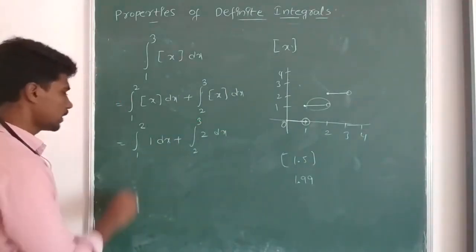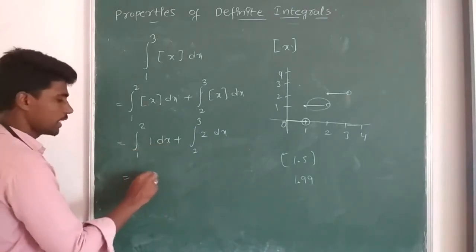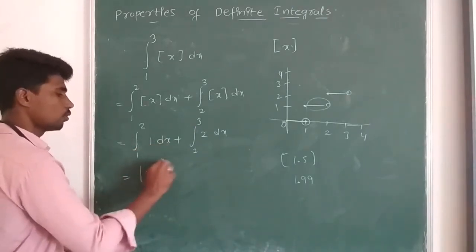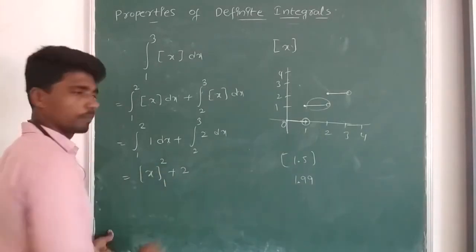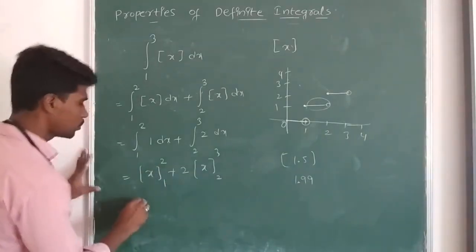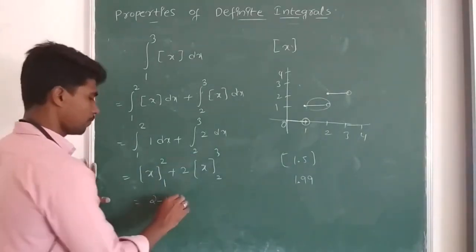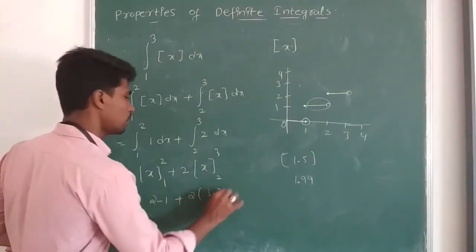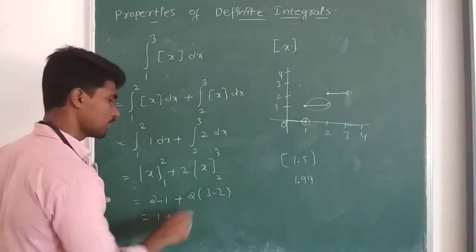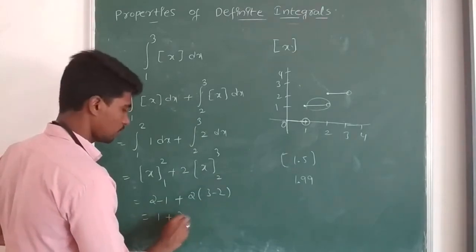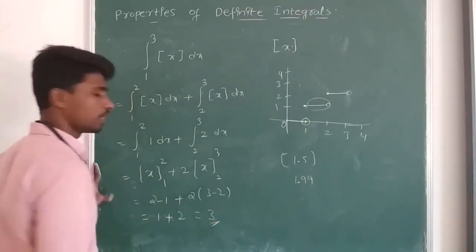Now evaluate the integration. 1 dx is x from 1 to 2, plus 2 is a constant, take it out. Substitute: 2 minus 1 is 1, plus 2 into 3 minus 2 is 1, which is 2. So our answer is 3.